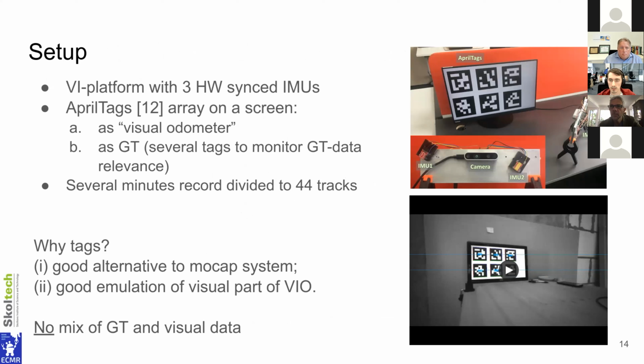The first of them is visual odometry. We utilize this as an emulator of a real visual camera because we are working mostly on IMUs, not with visual data. And the second task of the AprilTag array is ground truth data for different stages in our experiments, and I will explain them a little later.